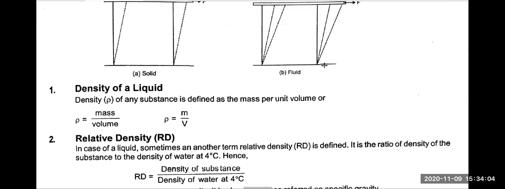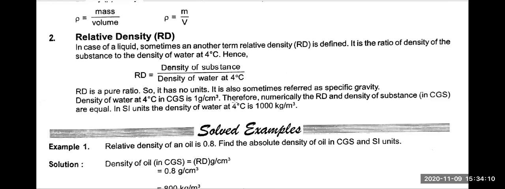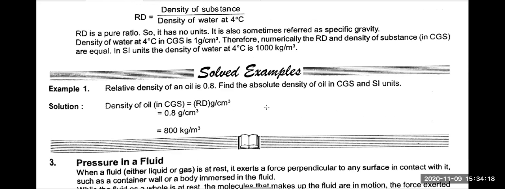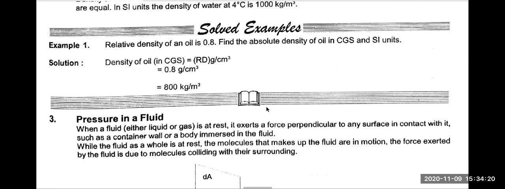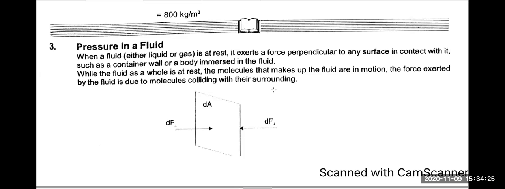Then some terms that we have studied were density and relative density. So this is one basic problem based on relative density. Then the second term is pressure. We already know that pressure is equal to perpendicular force per unit area.